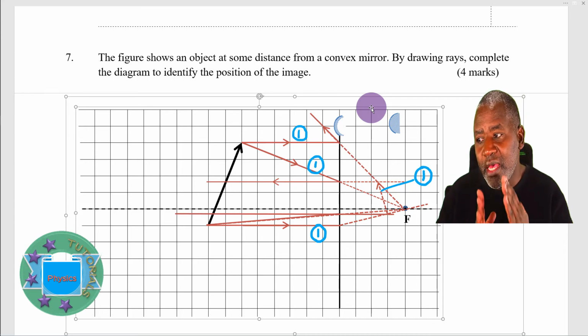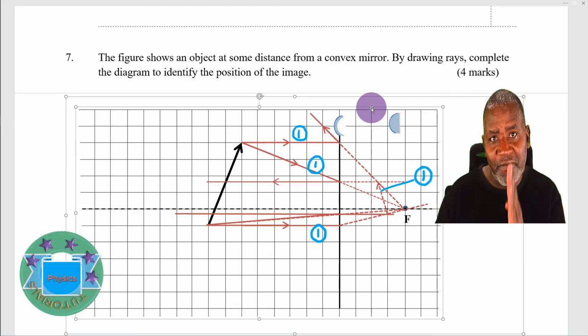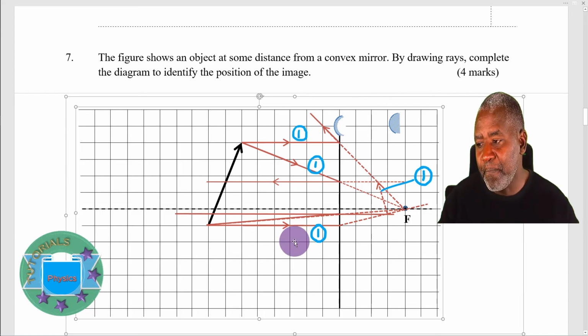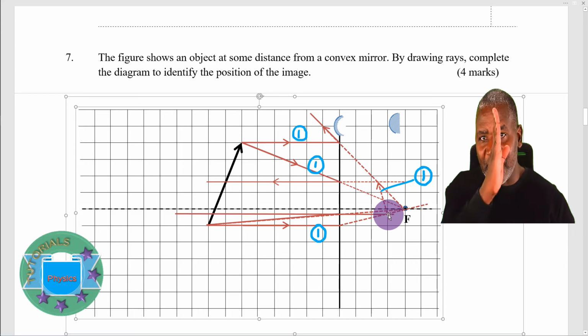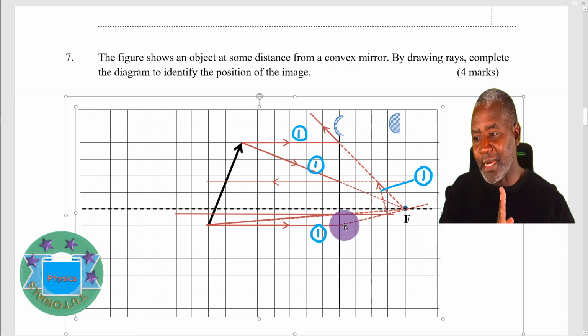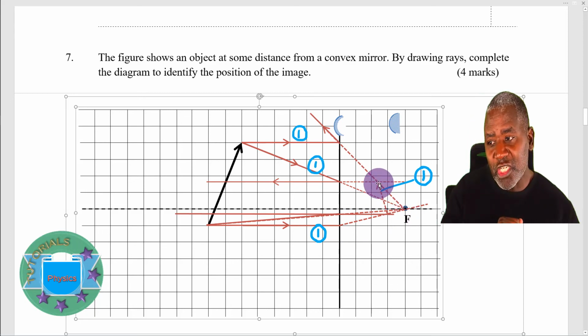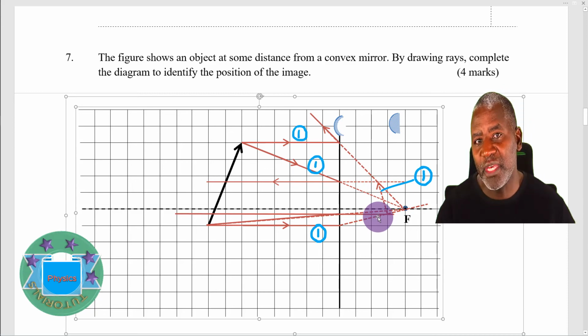In such a case, if the object is vertical, then it means also the image is going to be vertical, and you just need one more ray for the tail of the object to identify the position of the tail, because you know that since the image is going to be vertical and you've identified that line along which the image is going to be formed, and you know the point where the head of the image is formed, then vertically below that point is where the tail of the image will be formed.